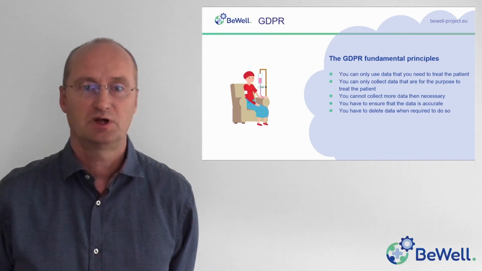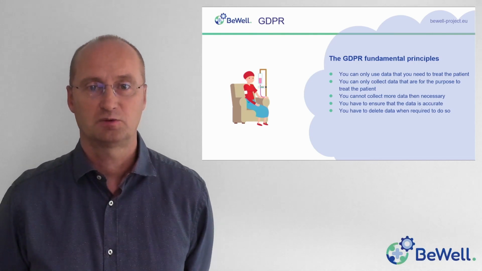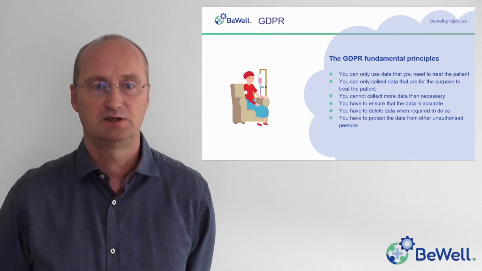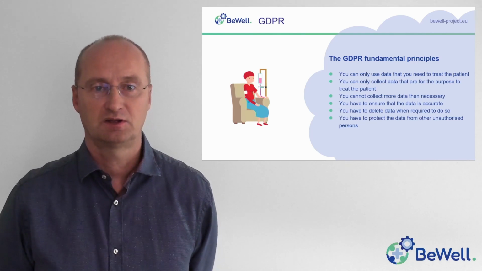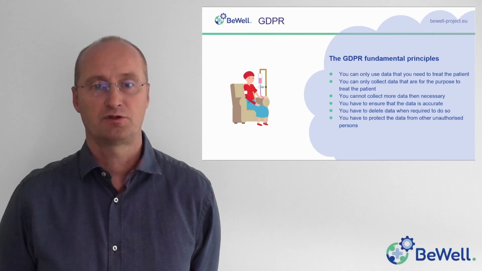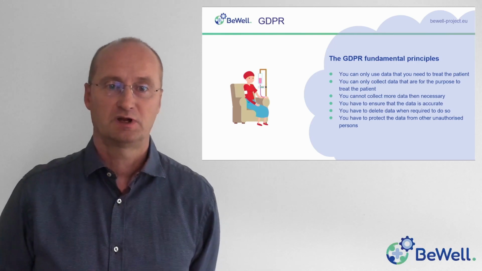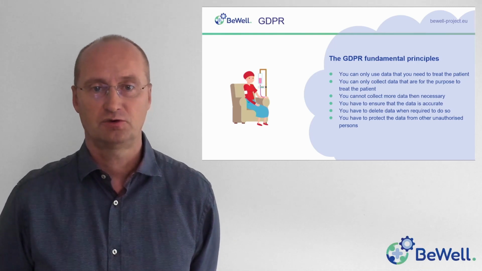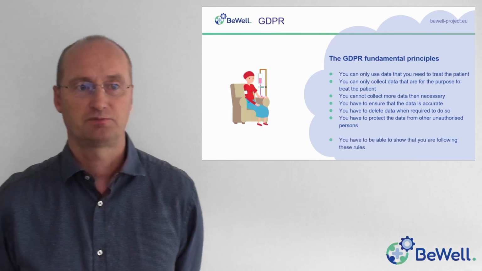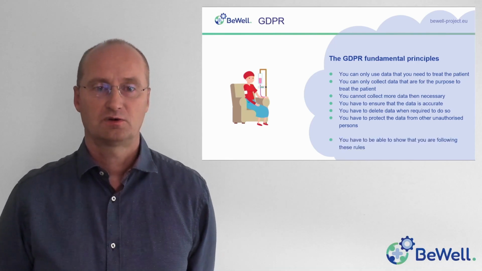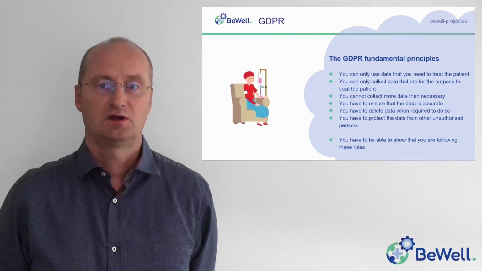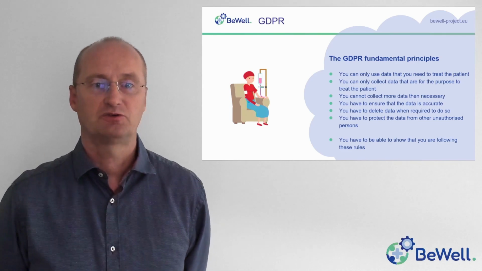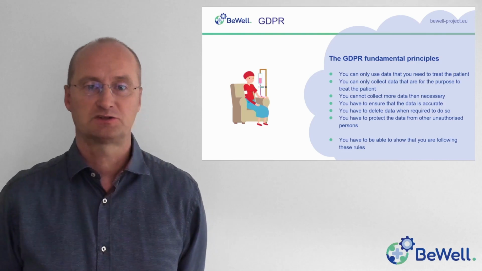You are to erase the personal data when it is no longer needed. You are to protect the personal data against unauthorized persons or against it getting lost or destroyed. And you have to be able to demonstrate that you live up to these rules in the data protection regulation.